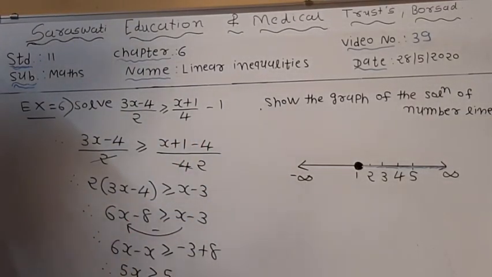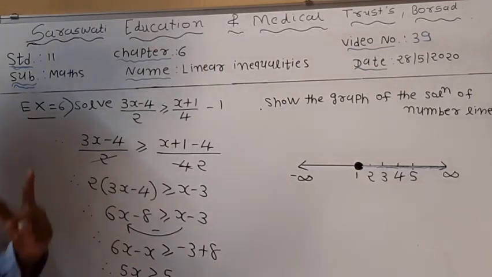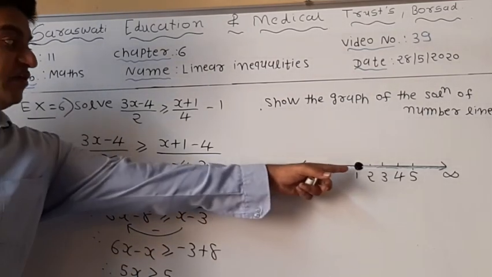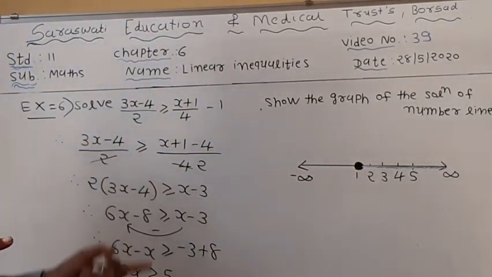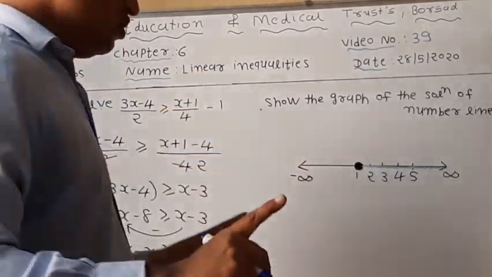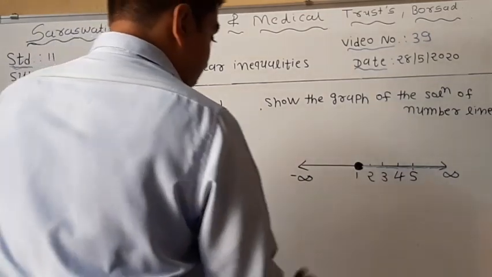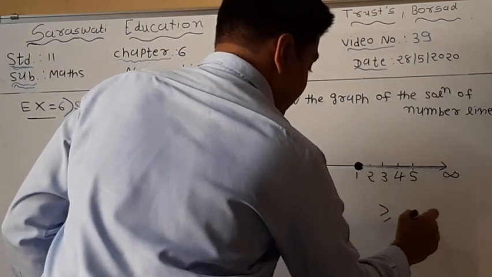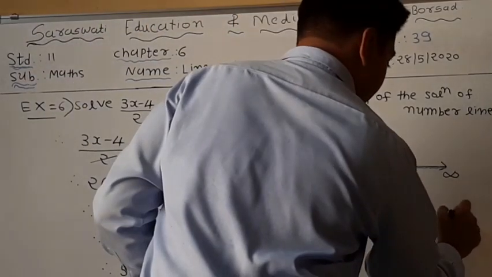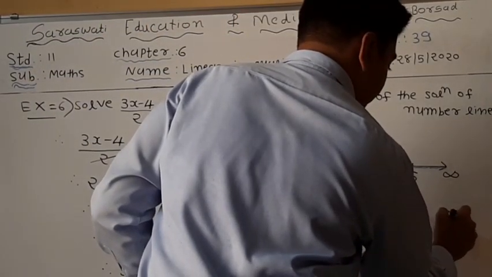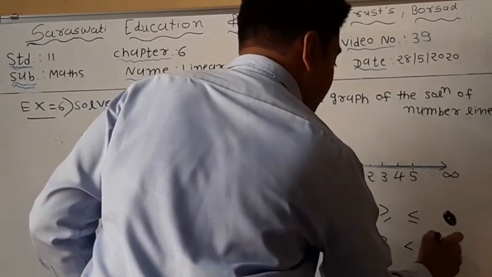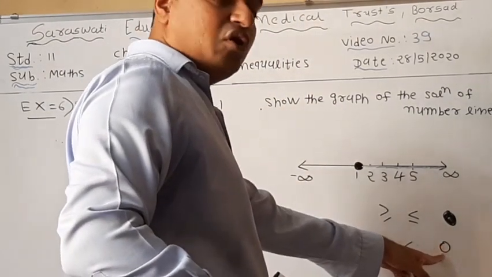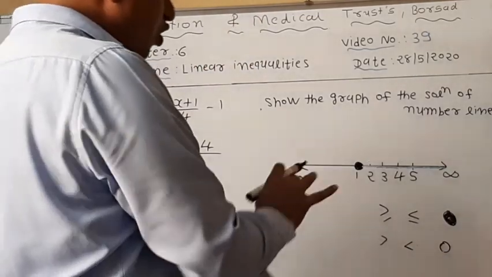Here, once again remember, if greater than or equal to or less than or equal to is present, then we mention the hole in dark form, and if strictly greater than or strictly less than is present, then we mention the hole in open form.